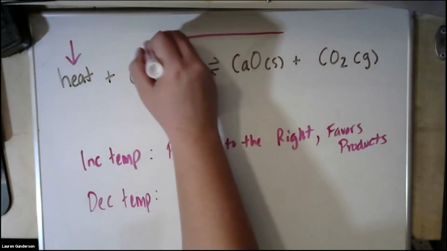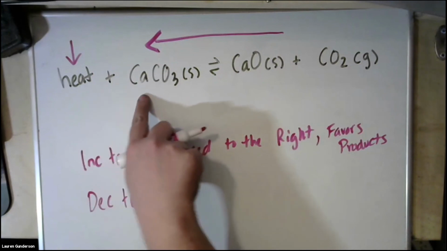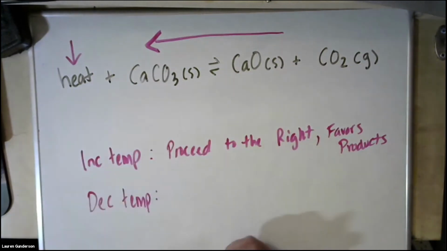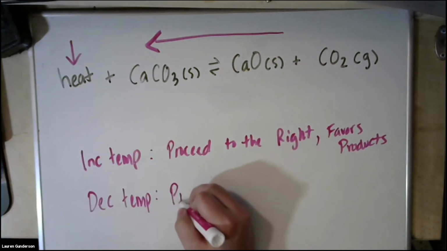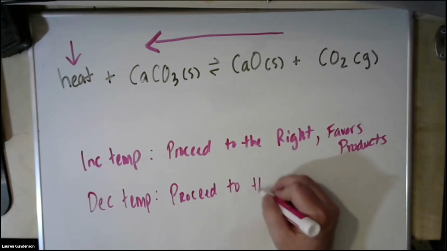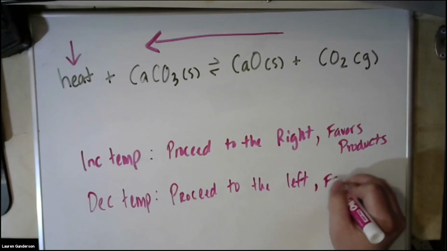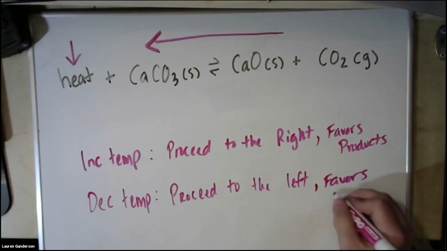So the reaction is going to shift in this direction toward the reactants to try to replace some of the lost reactant. So if we decrease the temperature here, the reaction is going to proceed to the left. We can say that it favors the reactants.